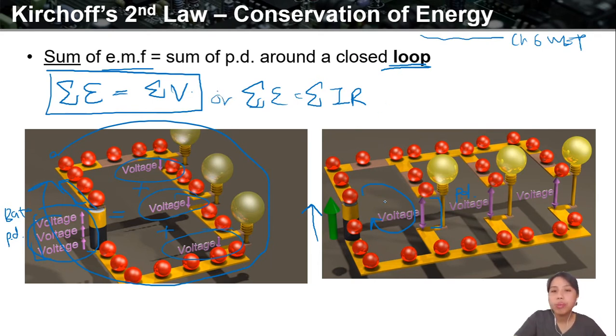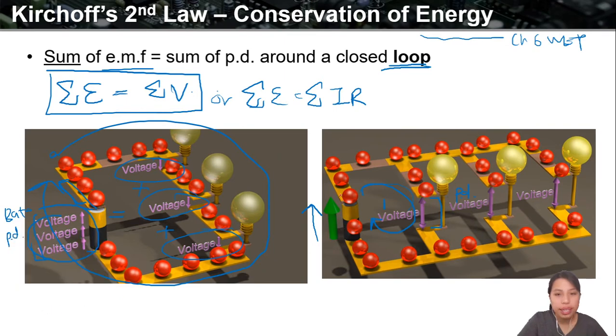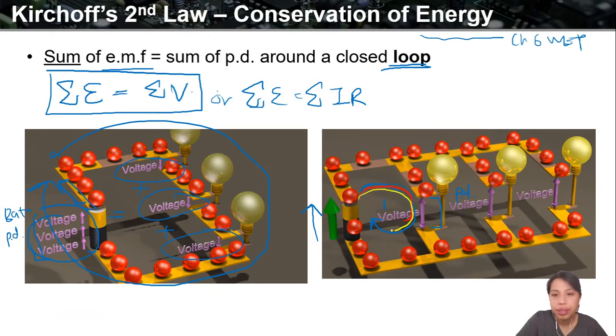So when you talk about loops, let's check all the loops. The first loop, loop number 1. I need to change the pen color so I can see. Red color can? Cannot also. Yellow, let's do this. That's better. So loop number 1, then you have loop number 2. Then maybe you start from this point, loop number 3.